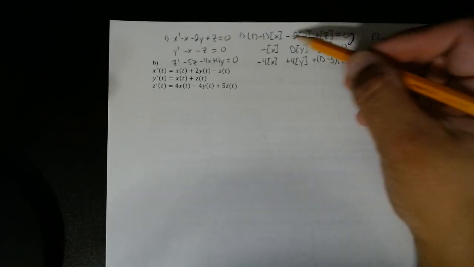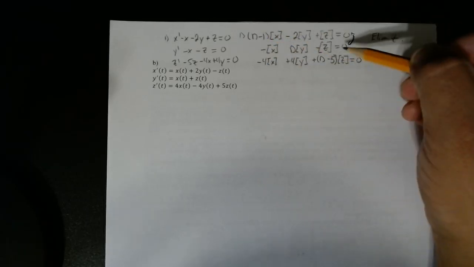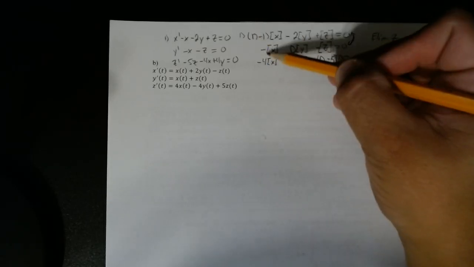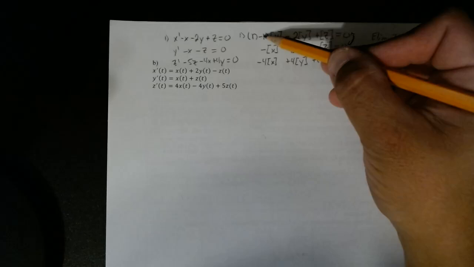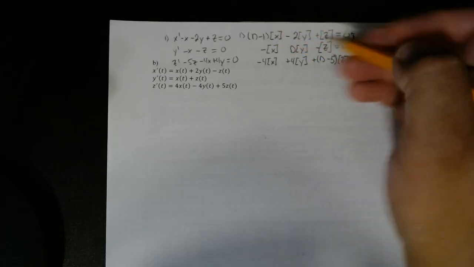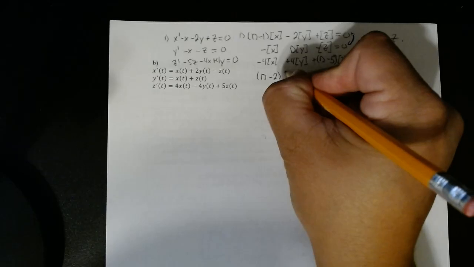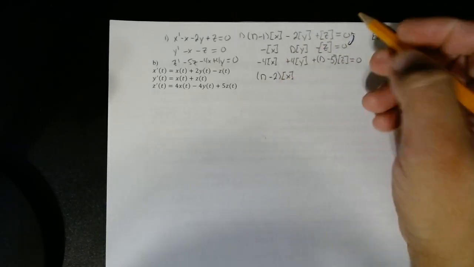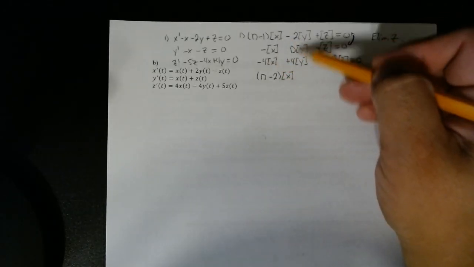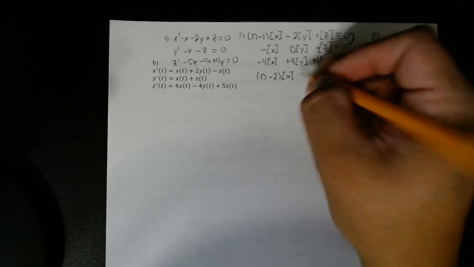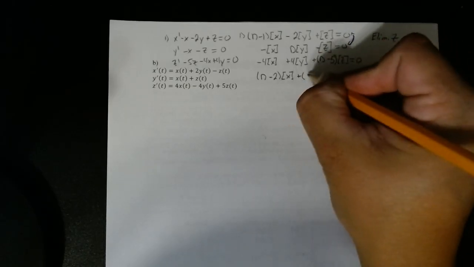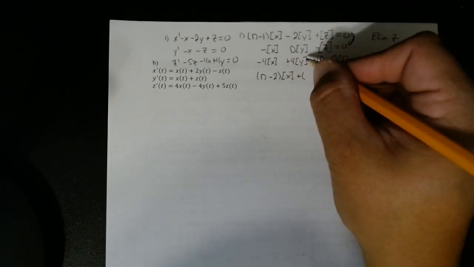Adding straight down, we get minus x minus 1, so it gives you basically 2. Adding these down, this ends up being plus d minus 2 with the y.